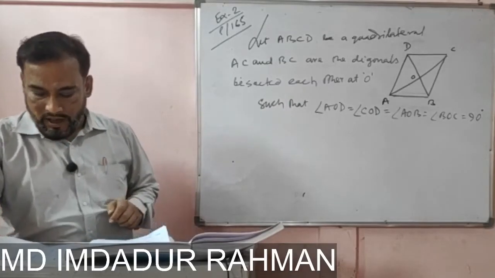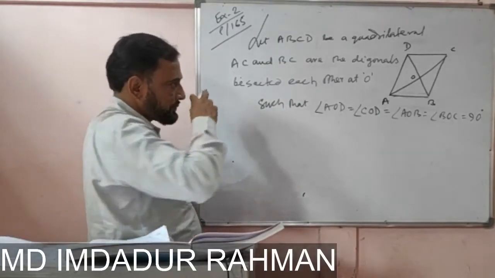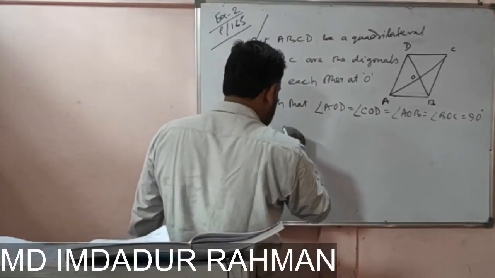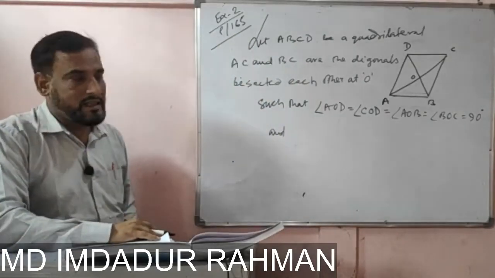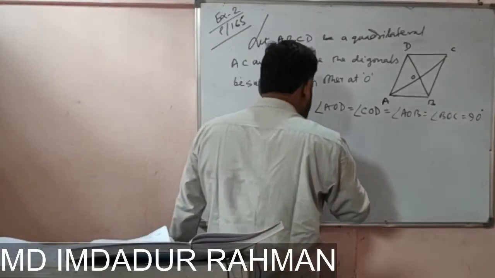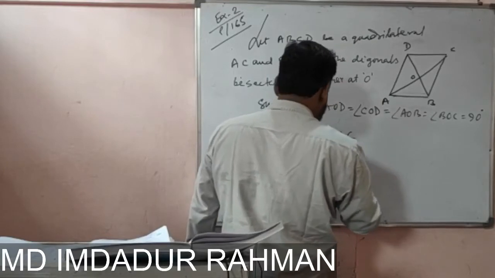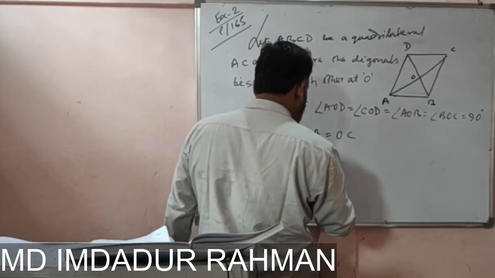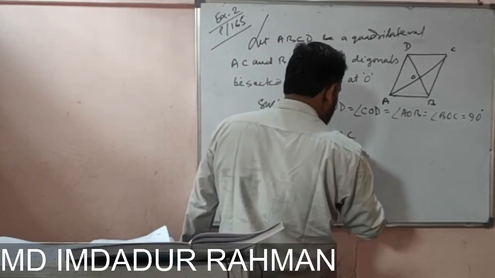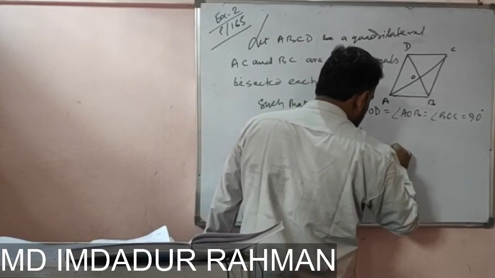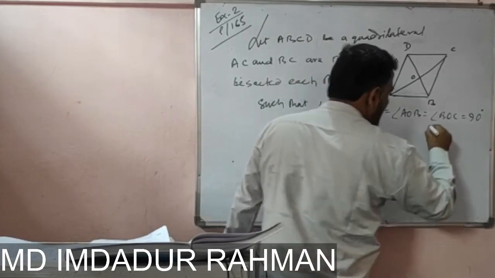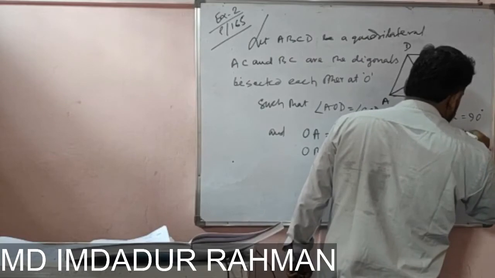Mark it equation number 1. And here also bisected is given. So OA is equal to OC, OB is equal to OD. Mark it equation number 2. It will be used later.